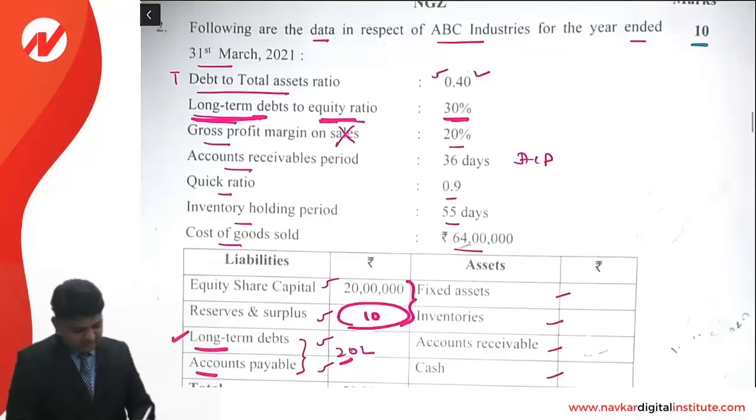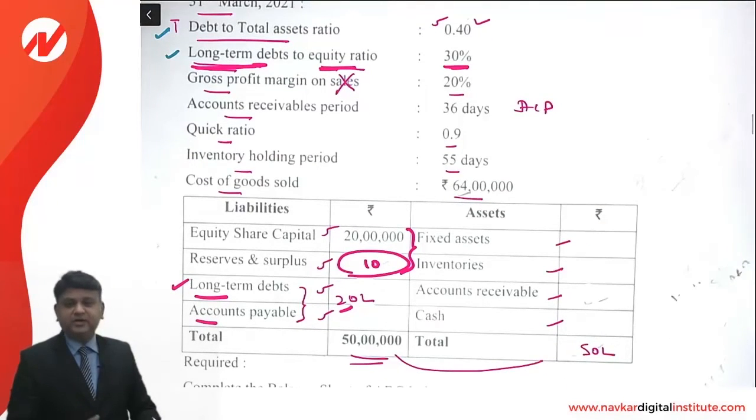Next information. These two are done. GP is provided as a percentage of the sales, 20%. However, we do not have the information about the sales, so we cannot make the calculation of GP. Average collection period information, yet we cannot use it. Quick ratio, yet we cannot use it.